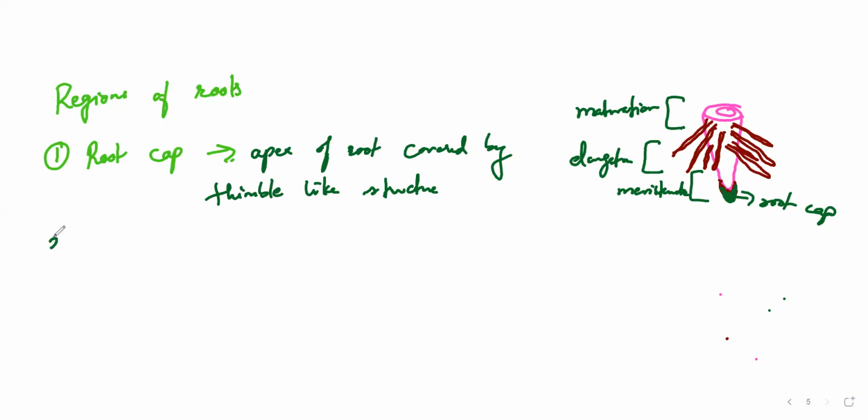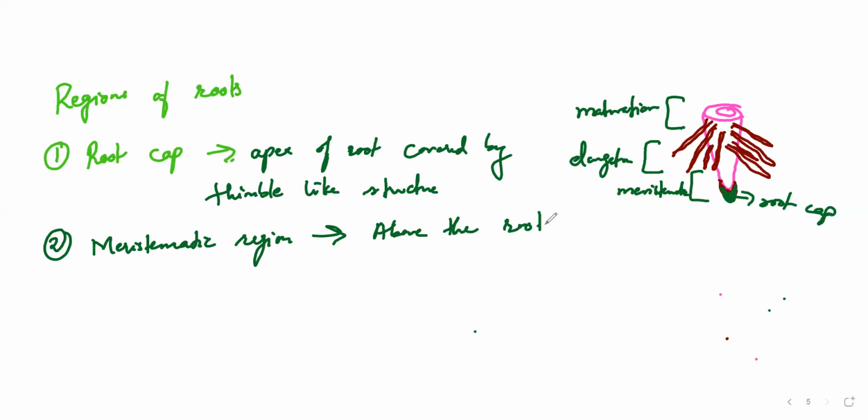Then the second one is the meristematic region. Meristematic means what? Highly dividing cells will be present over there. So this region is present above the root cap. Then above that is the third one, which is the elongation region, or region of elongation.